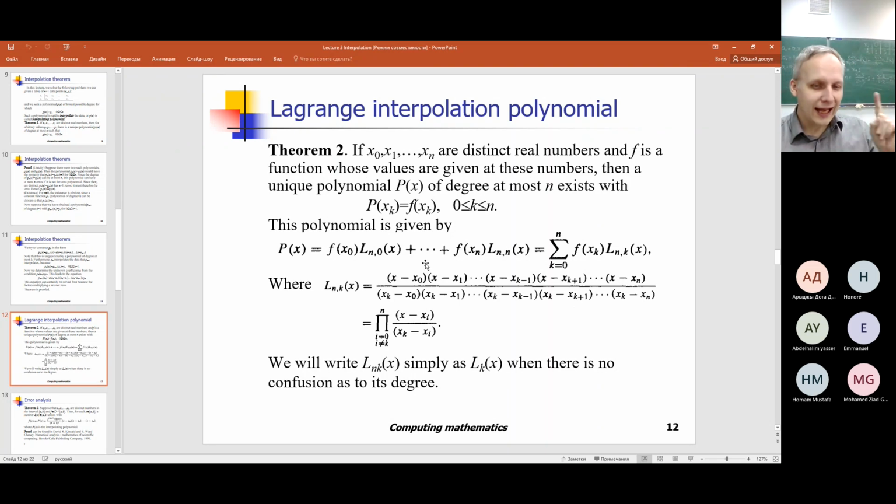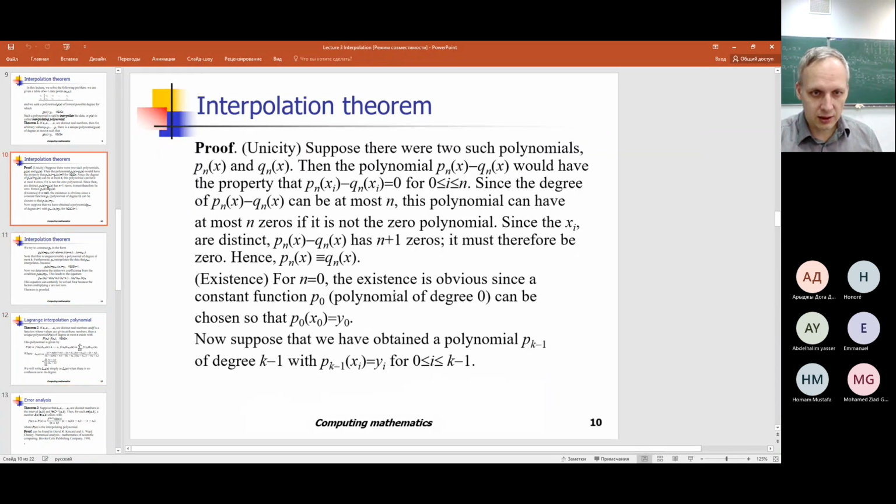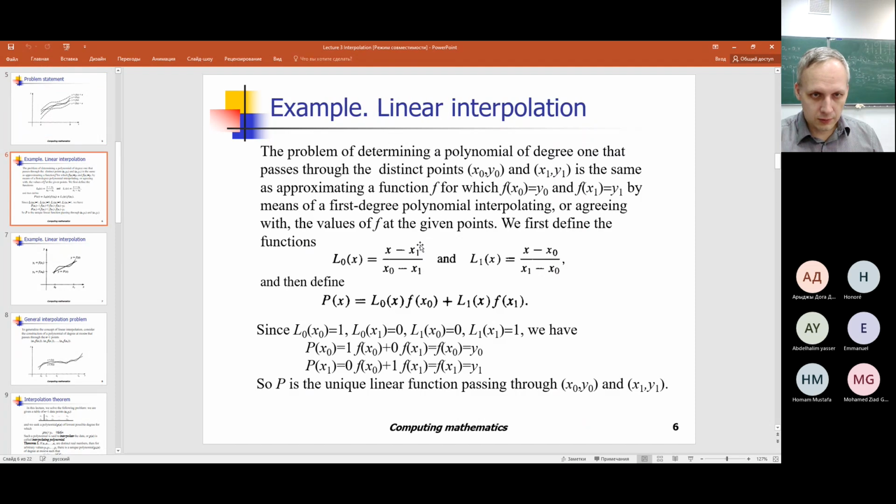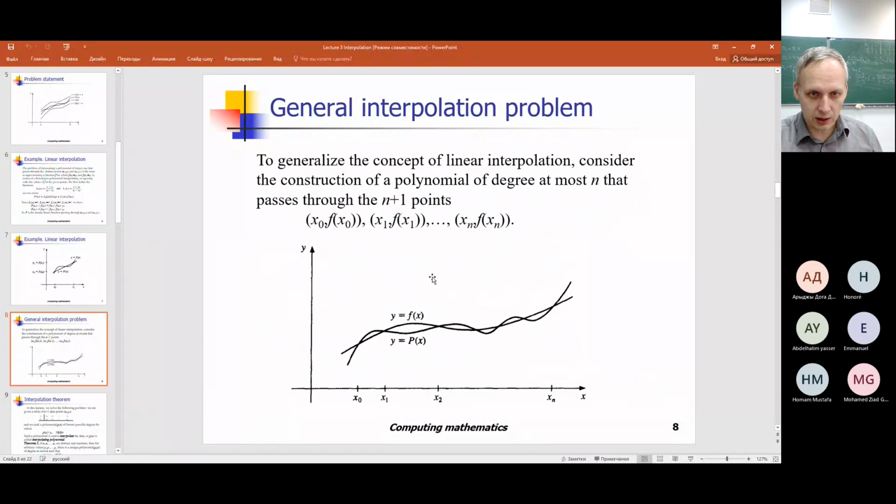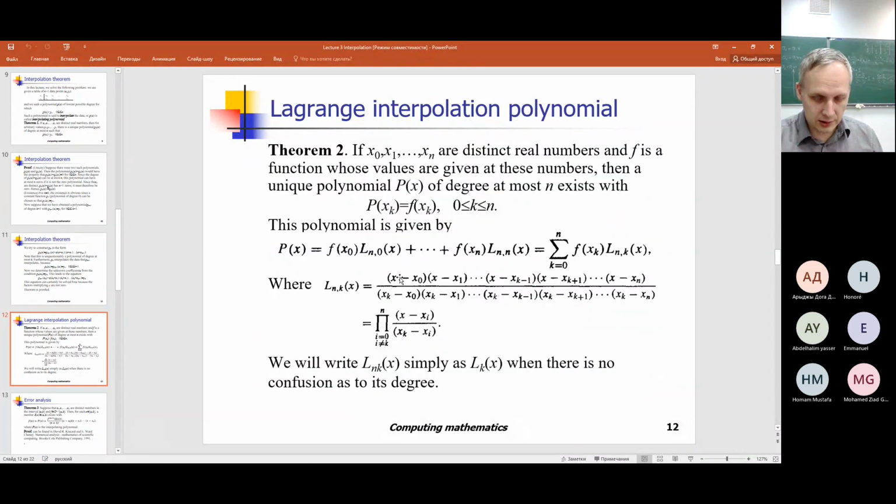When n equals 1, we have only the first terms of this fraction: x minus x1 over x0 minus x1, and x minus x0 over x1 minus x0. The polynomial of the first degree is a particular case of the general formula.